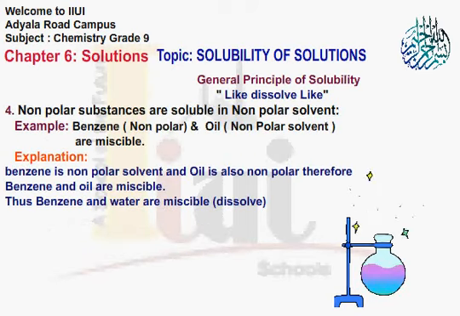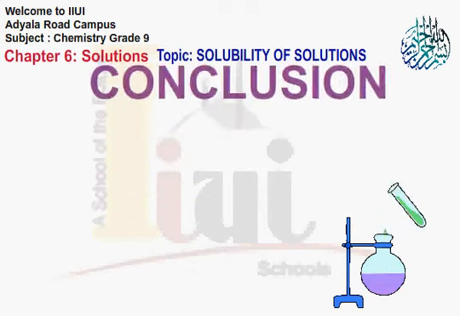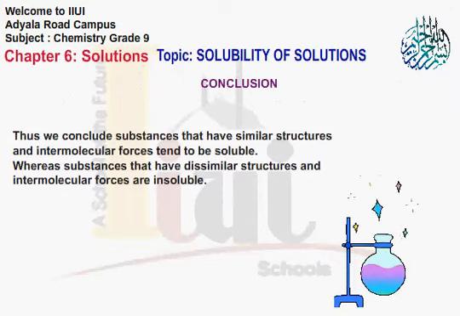The fourth point is that non-polar substances are soluble in non-polar solvents. The example is benzene, which is non-polar, and oil, which is also a non-polar solvent. They are miscible. Dear students, from the previous four points, it is concluded that substances that have similar structures and intermolecular forces tend to be soluble, whereas substances that have dissimilar structures and intermolecular forces are insoluble.